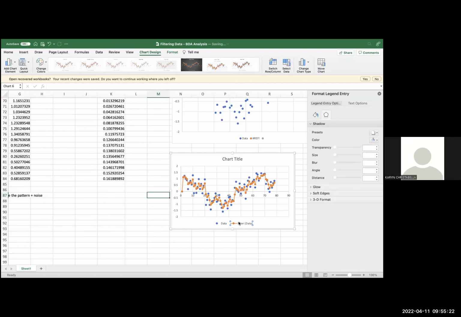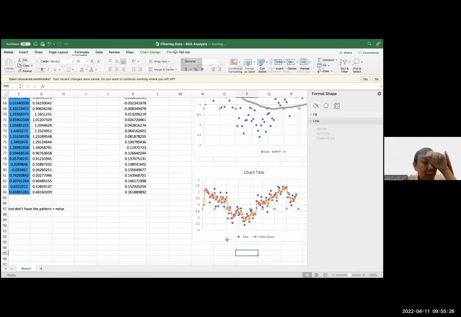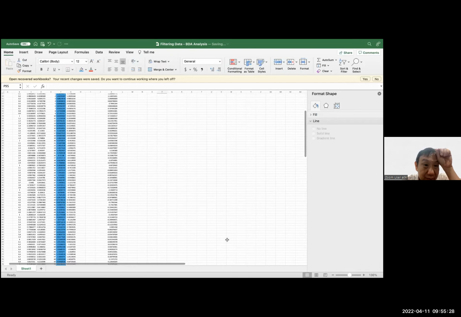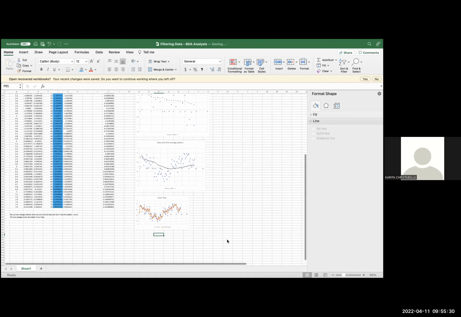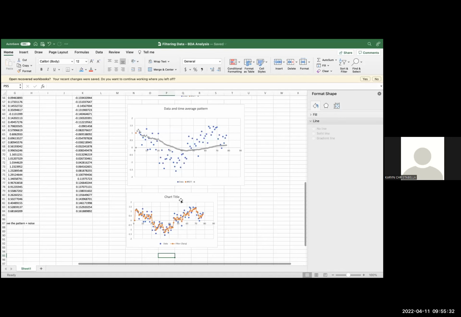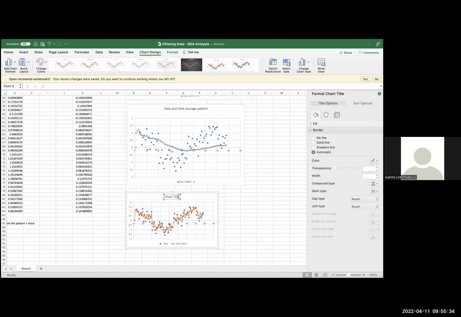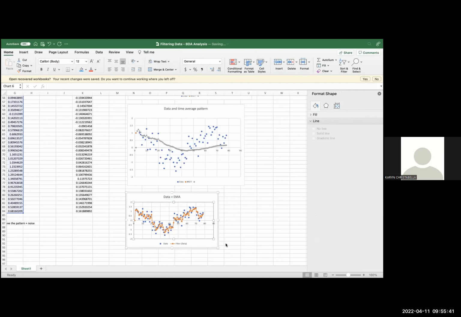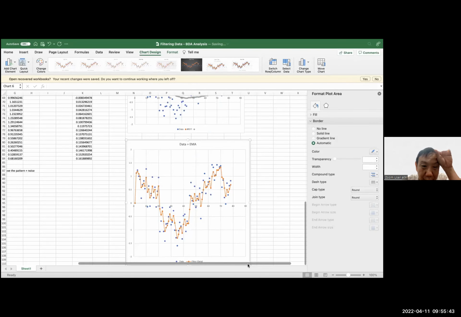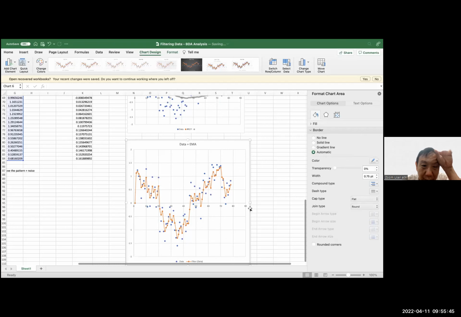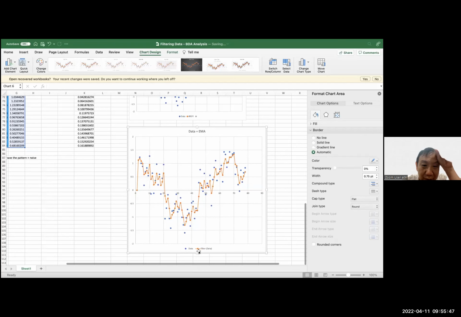So this one is data and EMA. I don't know which one is better, the EMA or the time average.